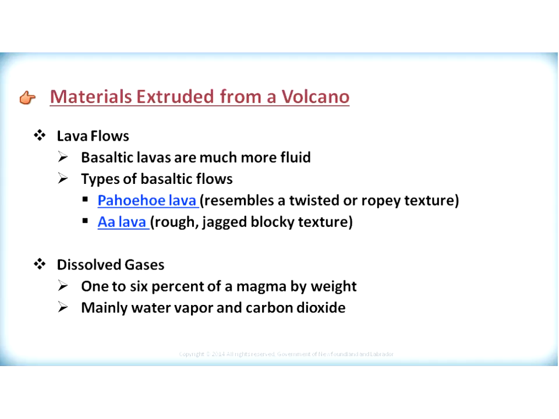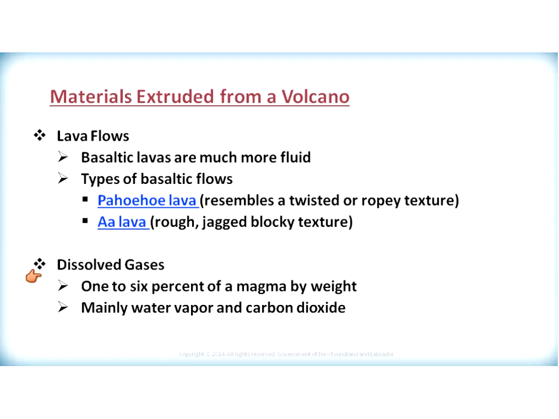Let's look at some of the materials that are extruded from magmas, or from volcanoes. Lava flows are the magma that comes out of the volcano on the Earth's surface. Basaltic lavas are much more fluid, and these basaltic lava flows are termed after the lava flows from Hawaii: Pahoehoe lava, which resembles a twisted ropey texture, and A'a lava, which has a rough, jagged, blocky texture.